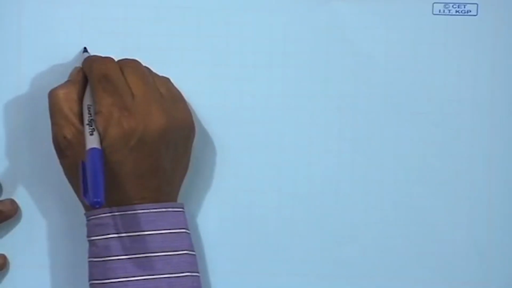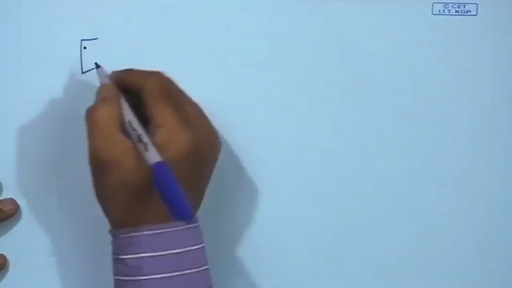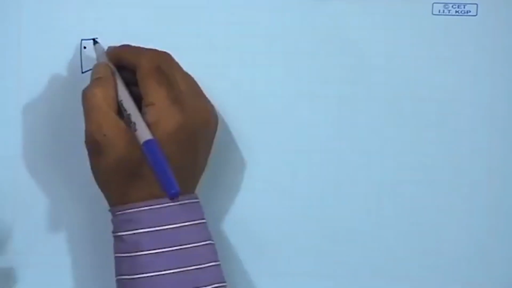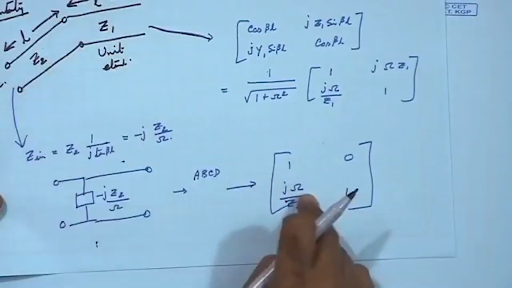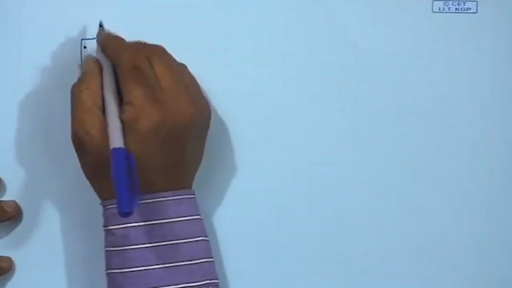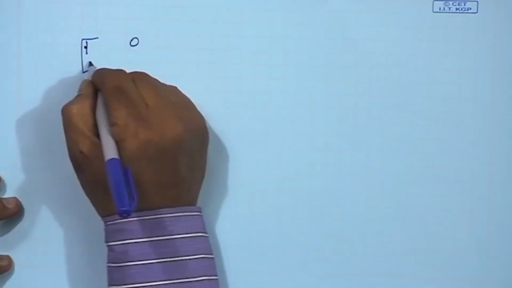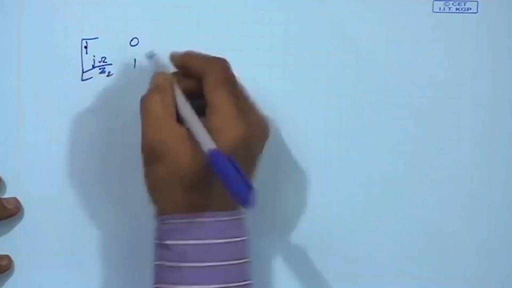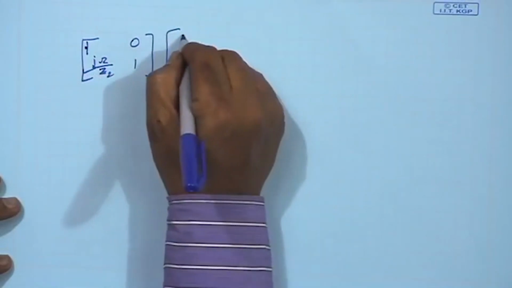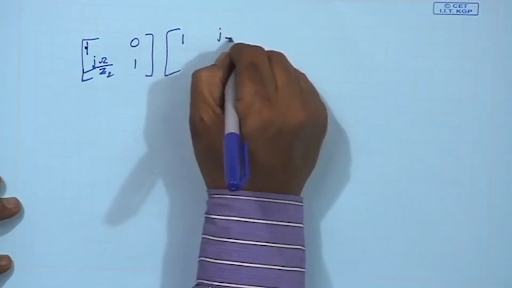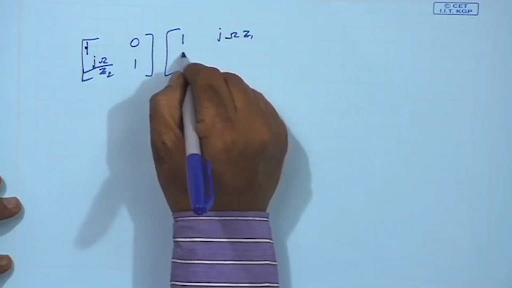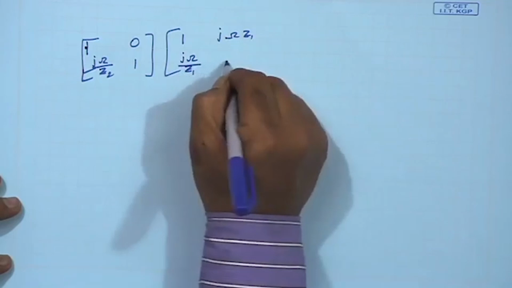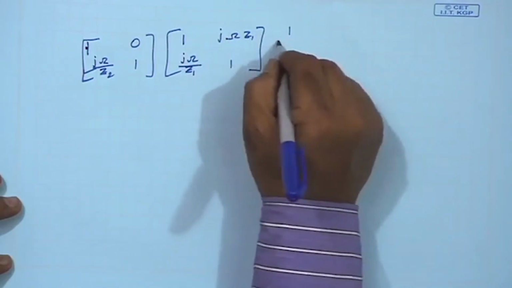Now the composite ABCD matrix will be the multiplication of these two. That is the beauty, these two are in cascade. So, I can easily write 1, 0, j omega by Z2, 1, into 1, j omega Z1, j omega by Z1, 1, into that scalar multiplier.